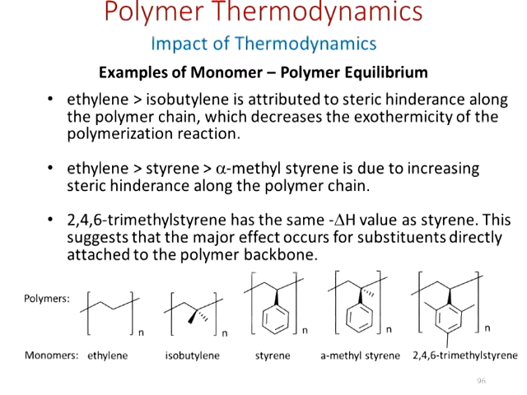Again, it suggests that a major effect occurs for the substitution directly attached to the polymer backbone. So we have to take a look at the polymer backbones to further understand these particular factors, and we show you those backbones here to give you an idea of what these polymers really look like.